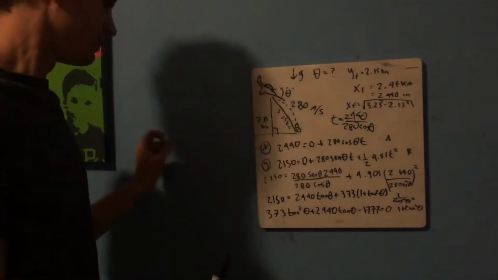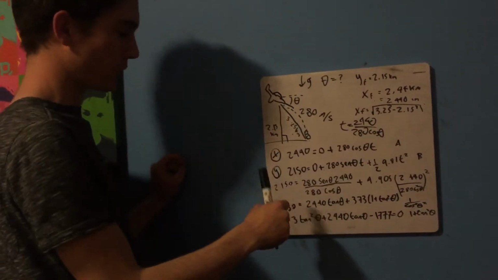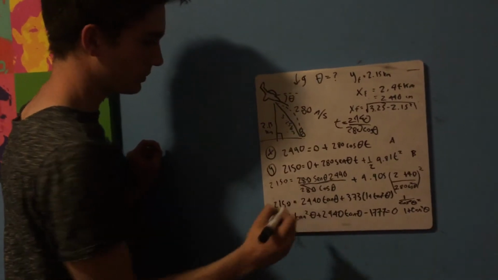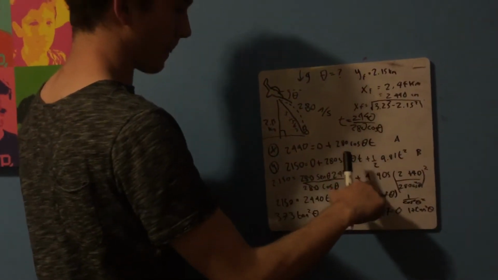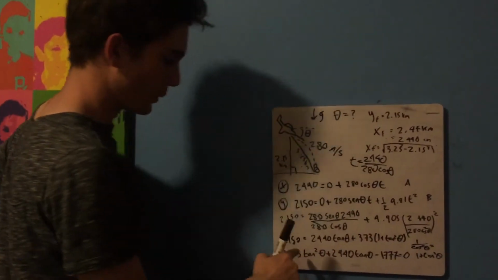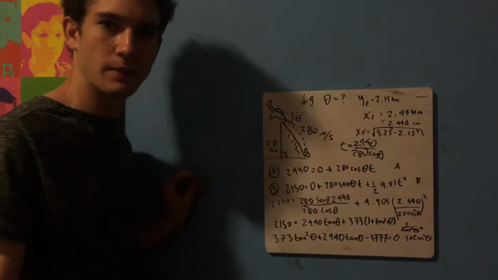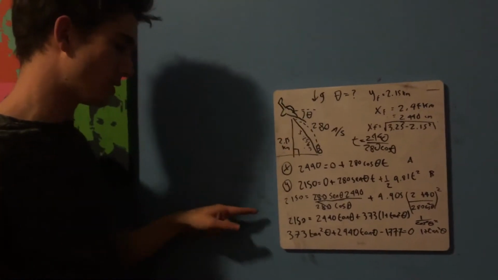Alright, so by doing this and solving everything, we can simplify, for example, these two terms, and we can simplify the gravity divided by 2, 4.905, and all this, and we get the following equation. As you can see, this is already starting to look like a quadratic equation.